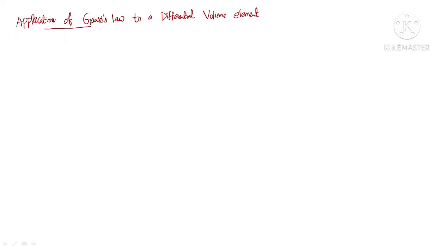What I am trying to do is find the divergence of the electric field due to a charge distribution. In order to understand this, I want to apply Gauss law to a small volume element.